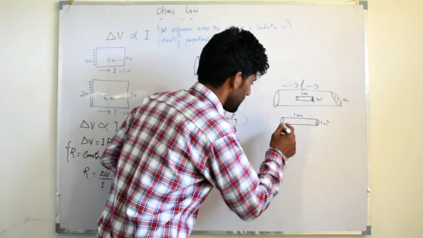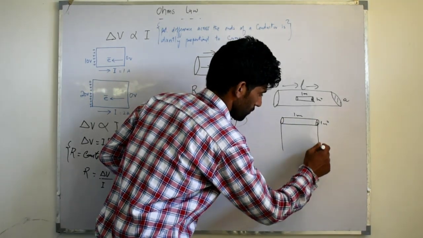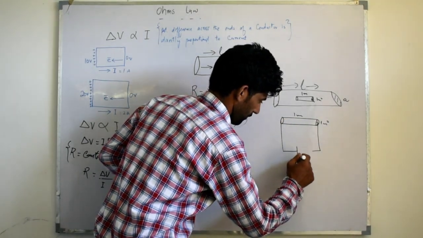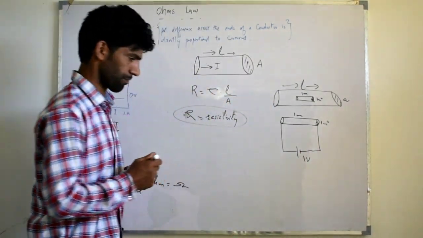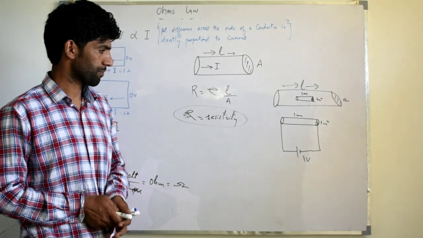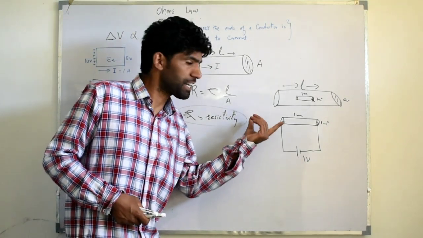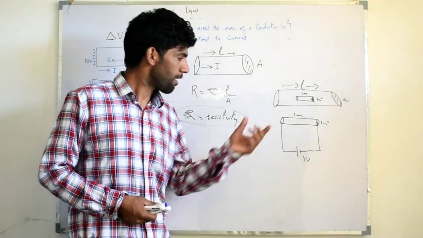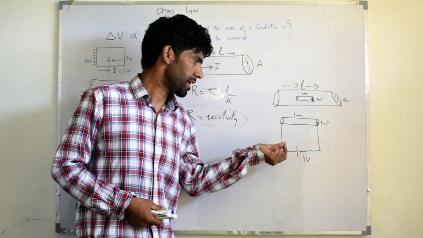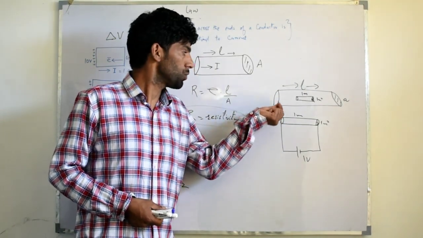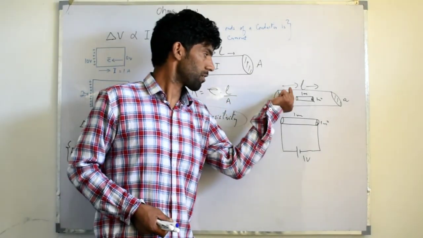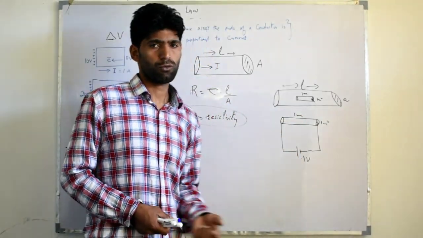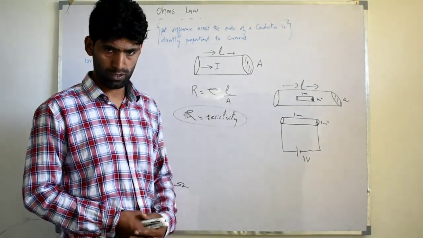And now, what do we do? We connect the two ends to a potential difference of 1 volt. We have to find the resistivity of this wire. We cut a piece of wire of length 1 meter and area of cross section 1 meter square, and connect it to a potential difference of 1 volt.